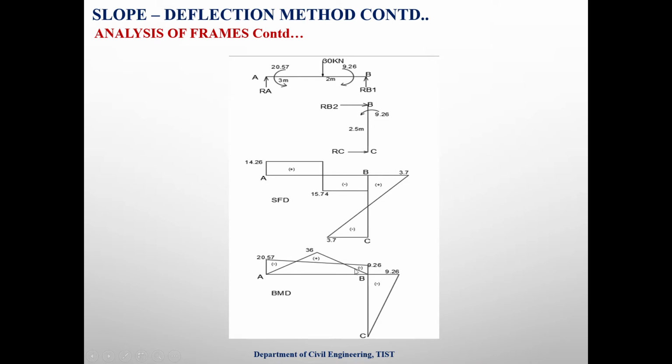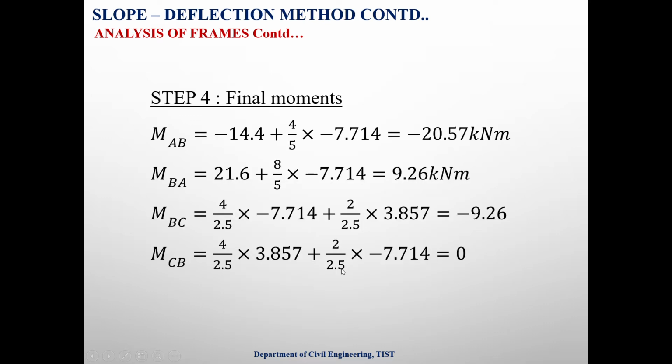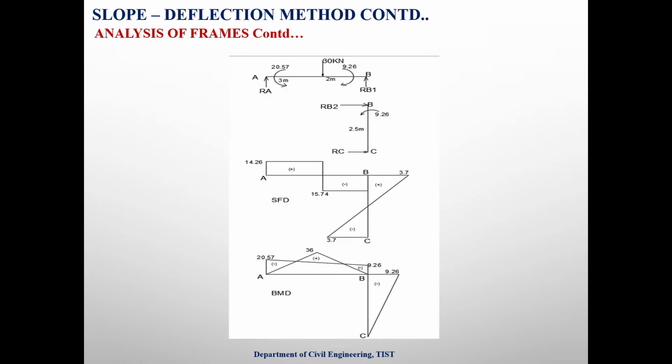AB is subjected to a point load, that means that is a triangle with the value W a b by L, and BC is not subjected to any load, that means there is no free bending moment diagram. In the case of AB, the value of M AB is minus 20.57, that means it is in the anti-clockwise direction. Mark minus 20.57 in the anti-clockwise direction from AB.